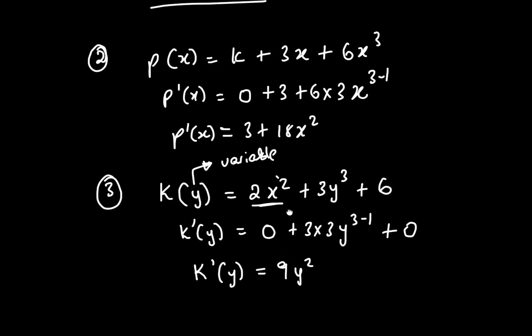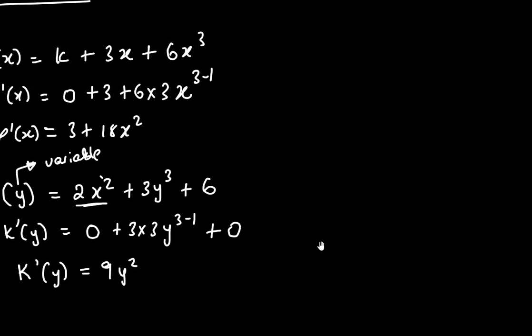Okay? So let's just say you have y is equal to 8x to the power 4. Now that it's in this form, they say find dy over dx. What does this mean?